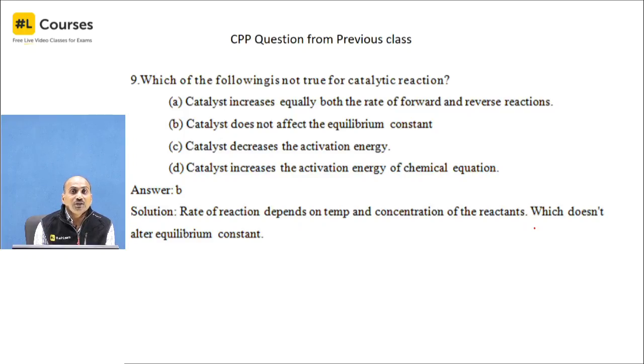The equilibrium constant is only affected by temperature and the concentration of the reactants. It is not affected by the catalyst, because the catalyst is just a transporter which transports the reactant to the surface, converts it into an activated complex, and then finally into product. So it just acts as a transporter, it does not alter the rate of a reaction. The rate of the reaction is altered only by temperature. Then your option should be B.